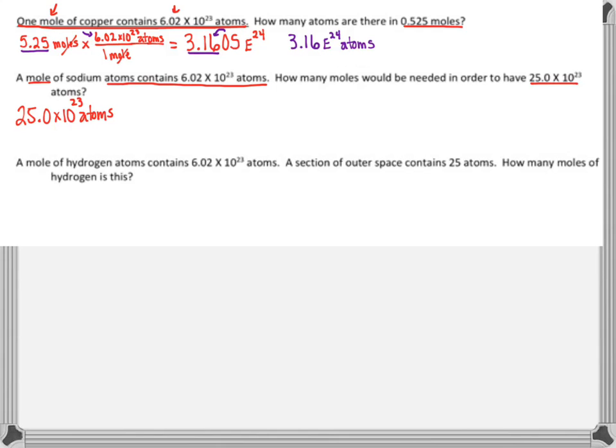Moles. But we want to end up with moles now, and so we want to make sure that we get rid of atoms. So atoms will go in our denominator. And according to the equality given, I'm told that 6.02 times 10 to the 23rd atoms is equal to 1 mole.